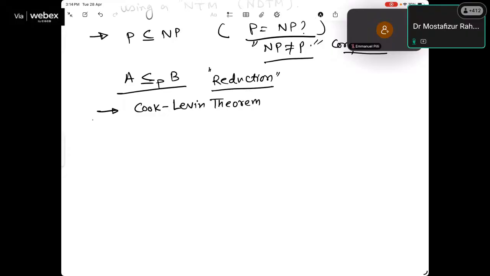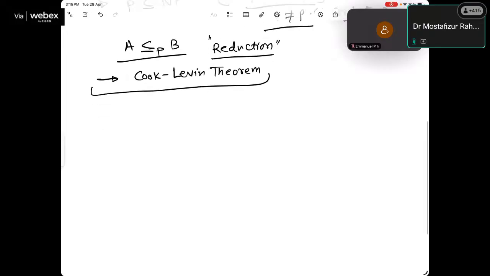Before introducing this theorem, we need to understand certain things, for example, what NP complete and NP hard are. This is also important, along with certain more definitions like the SAT problem. So let's first define what NP hard and NP complete are.